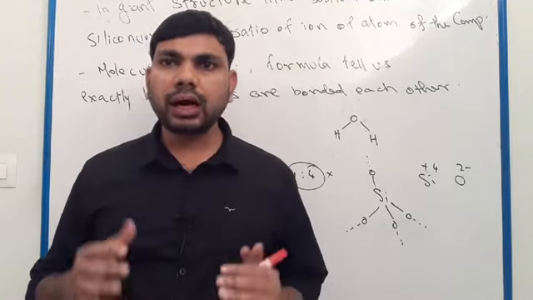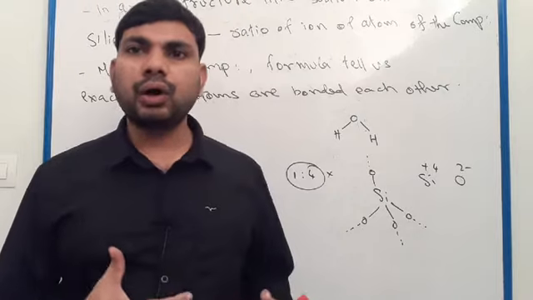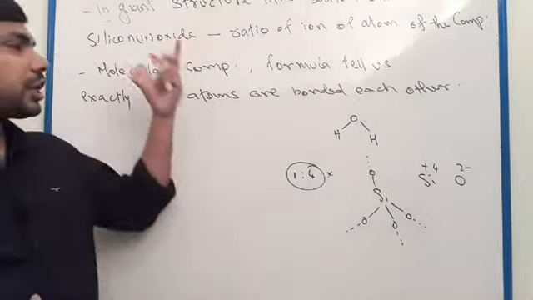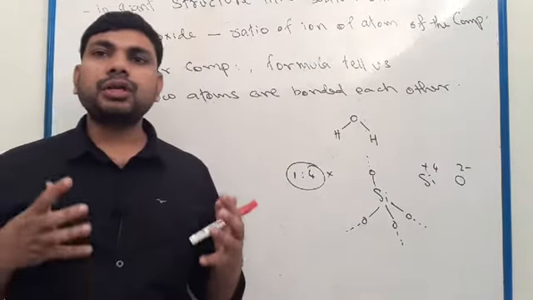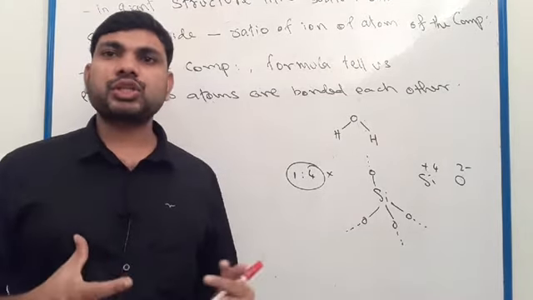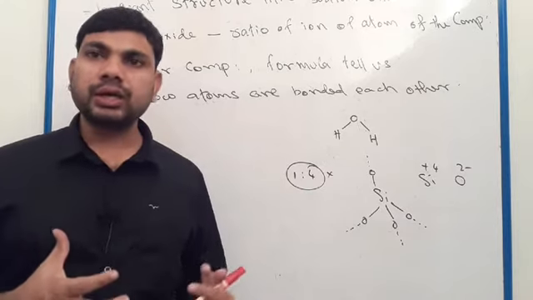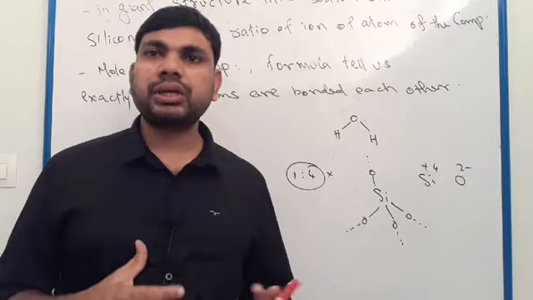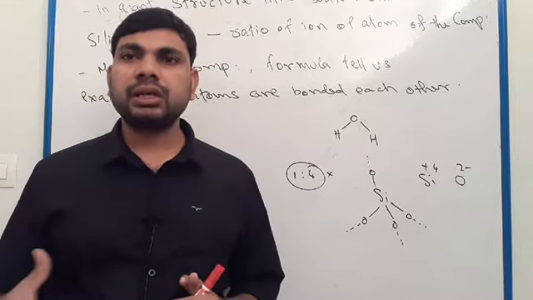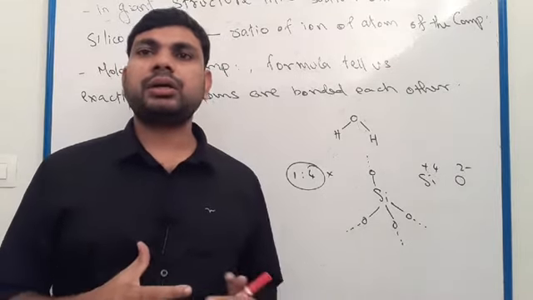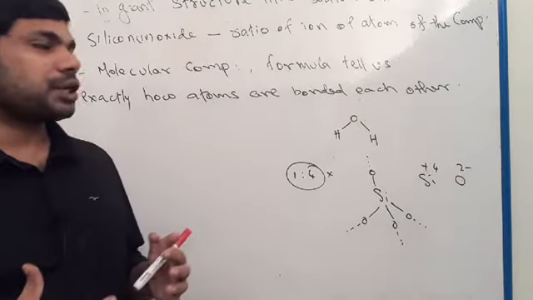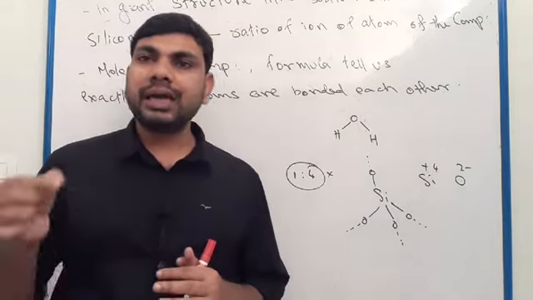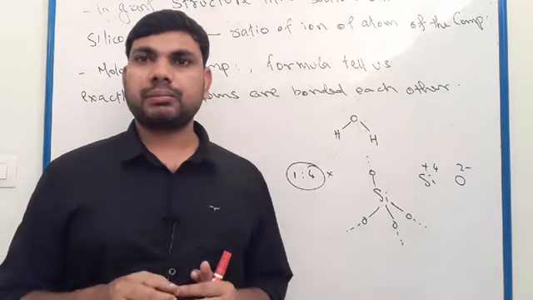Okay, so we discussed how to make formula of the compounds from different structures. See here, giant structures of compounds like sodium chloride and silicon oxide, which have giant ionic structure and giant covalent structure, do not give information about the exact number of atoms.